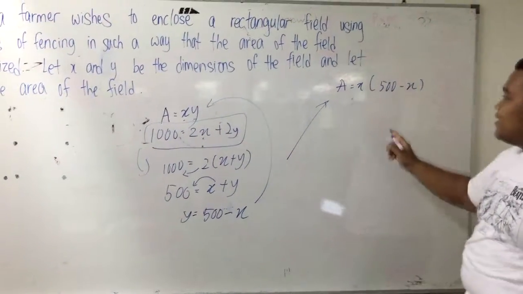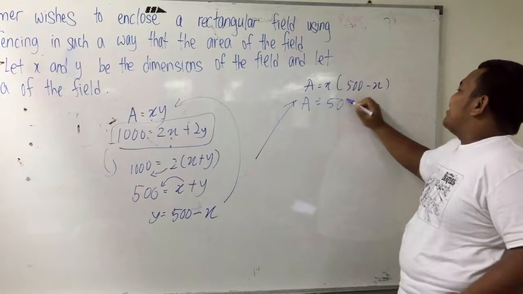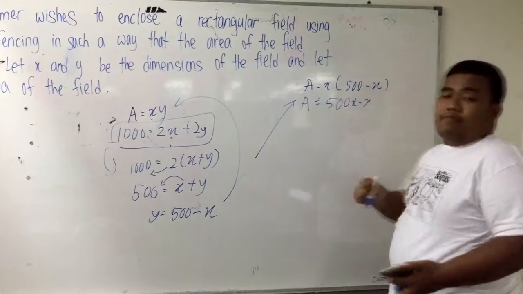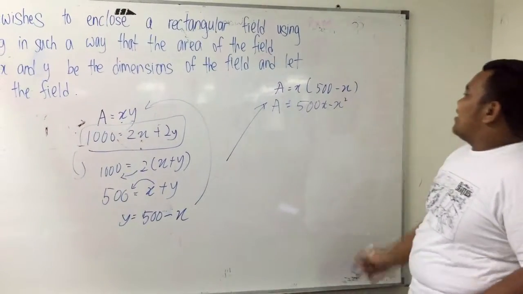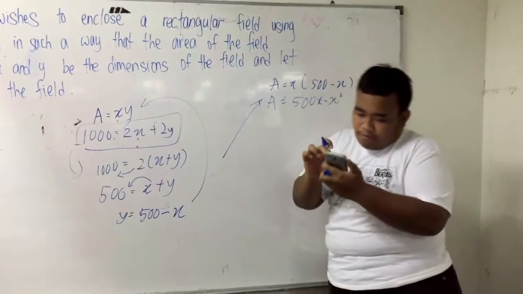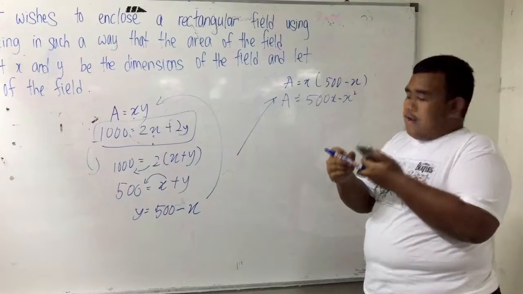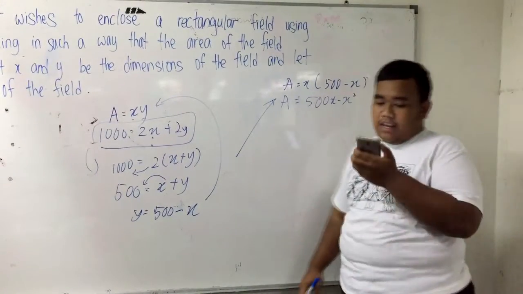After you get this, you have to expand it. Oh, I forgot x. Make sure you do not make simple mistakes. Then we have to find the maximum value of A.